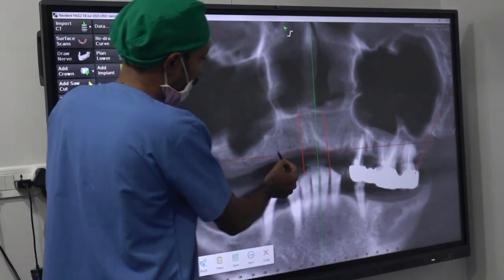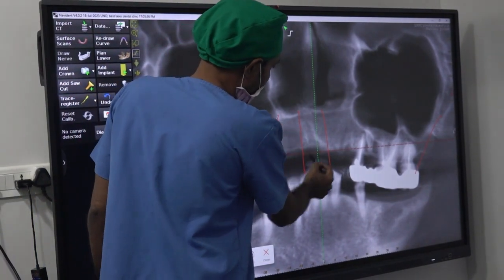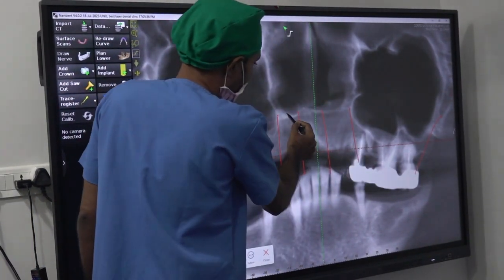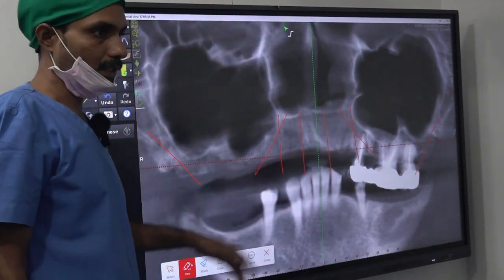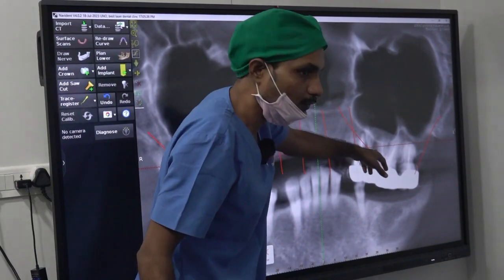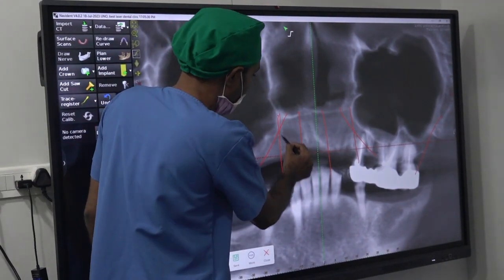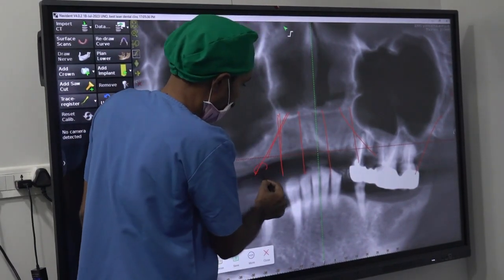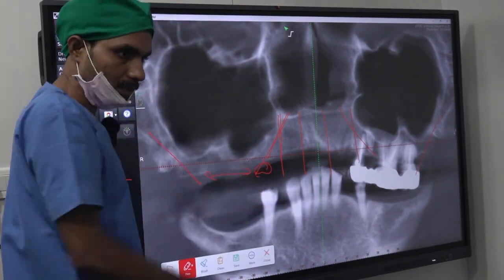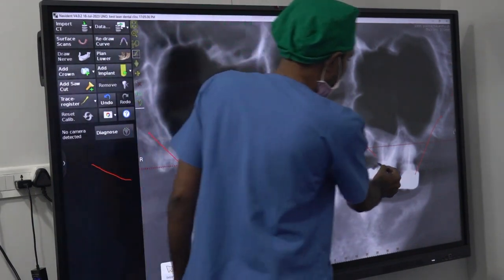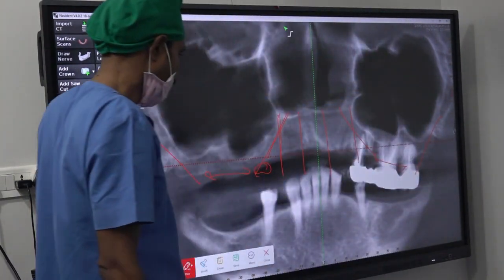And maybe in the 1-3 area, we can place it slanting, tilted, so that the abutment will come near 4. Instead of placing it straight, where the abutment will come distally, you may reduce the inter-implant distance.